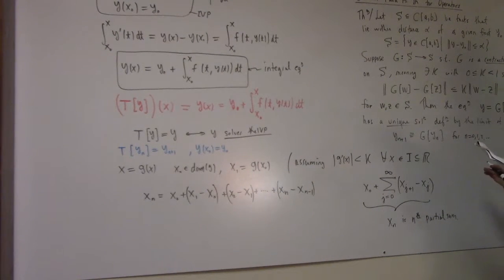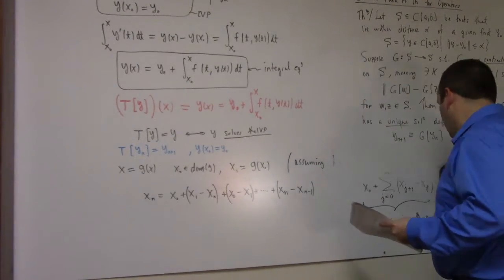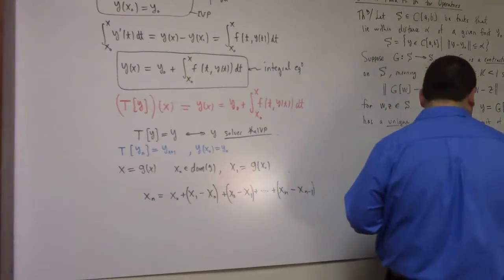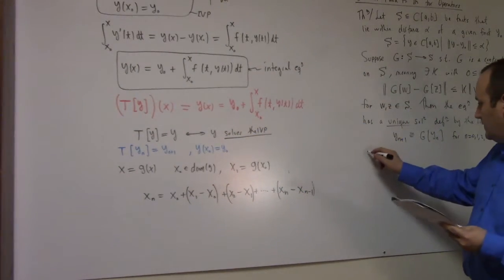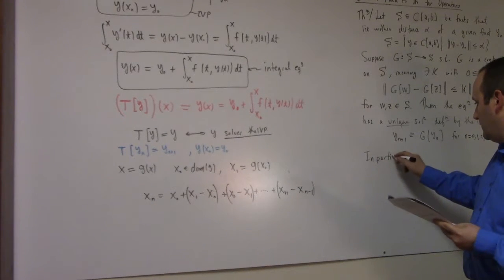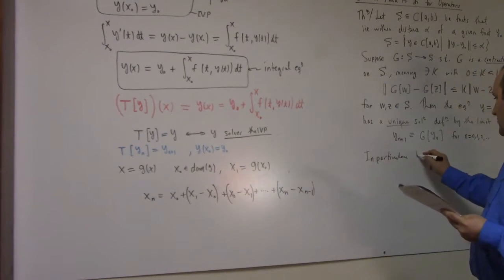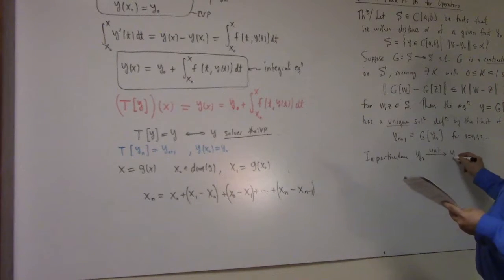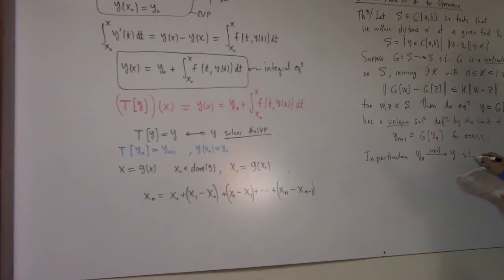In other words, to complete the thought here, the sequence yn converges uniformly to y such that g of y equals y.